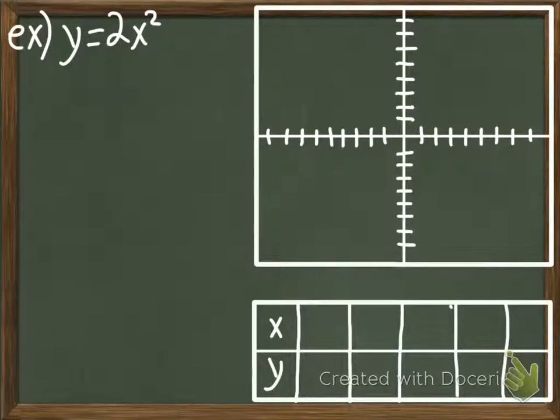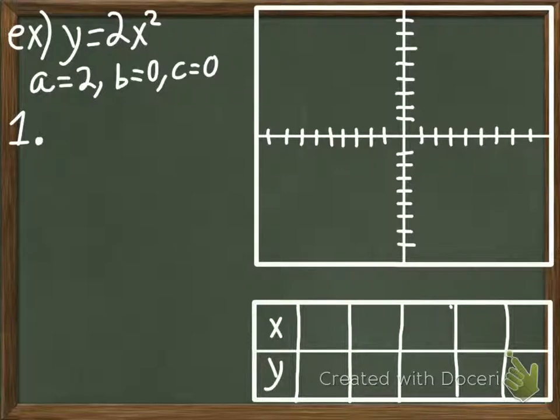So here we have the quadratic function y equals 2x squared. So here our a equals 2, our b equals 0, and our c equals 0. So step 1 is to find the vertex. So we know our x is going to be the opposite of b over 2a, so 0 over 2 times 2.